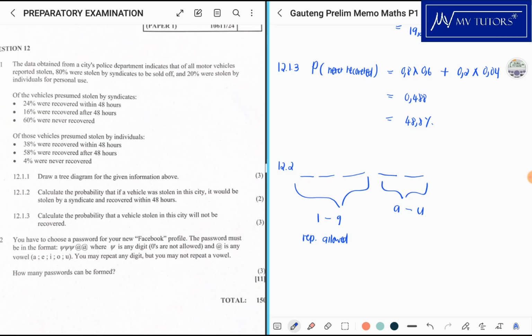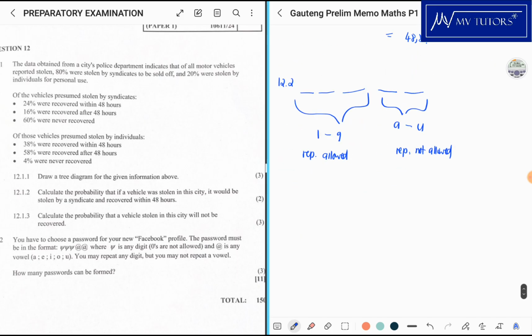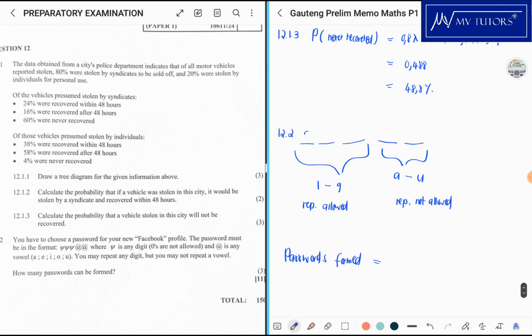But you may not repeat a vowel. So repetition not allowed. How many passwords can be formed? Okay, so firstly, if the numbers can be repeated, then there are 9 numbers available to me. And if the vowels cannot be repeated, I have 5 available.